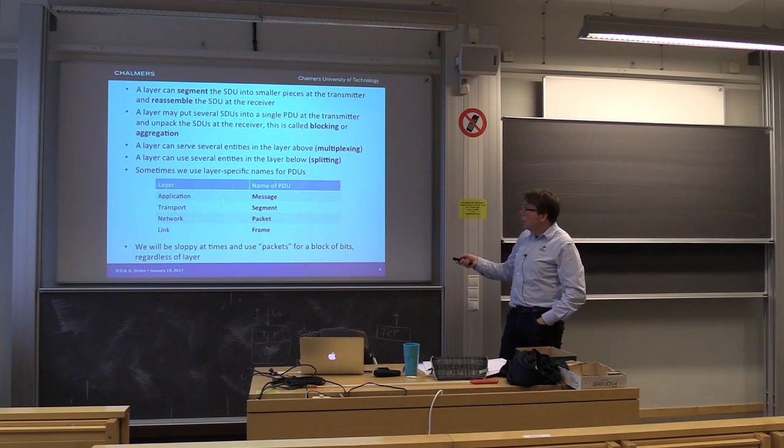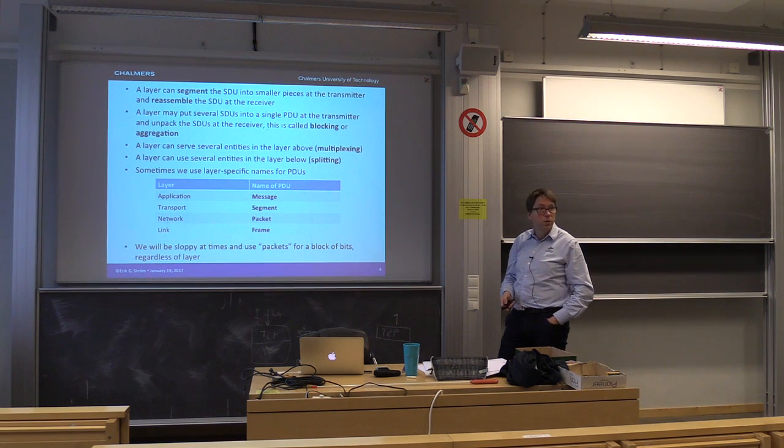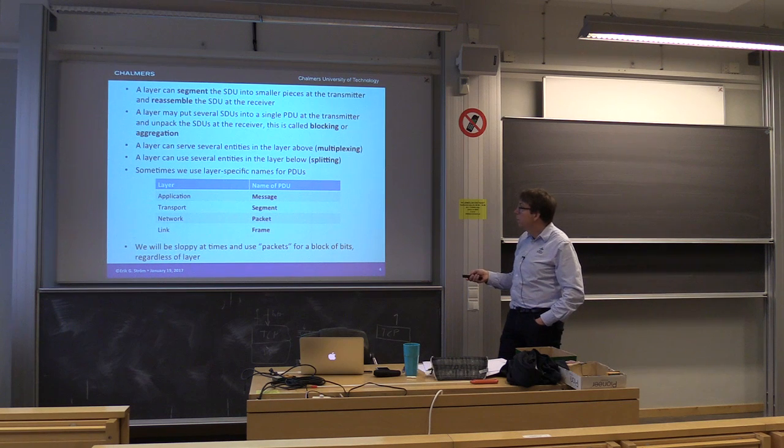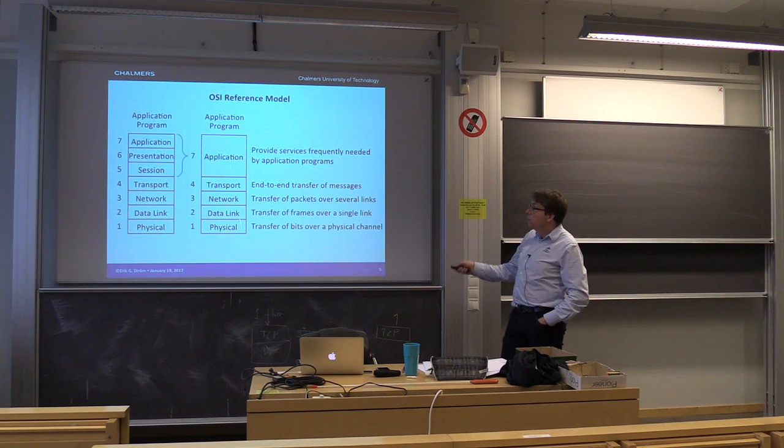Application layer specific names for PDUs are sometimes used. At the application layer, these are called messages; transport, segment; network, packet; link, frame. We will call them packets almost always, packet or frame. And here's the OSI model, 7 layers, while the top 3 are typically bunched into one layer, called the application layer.